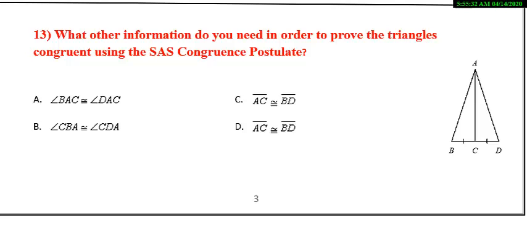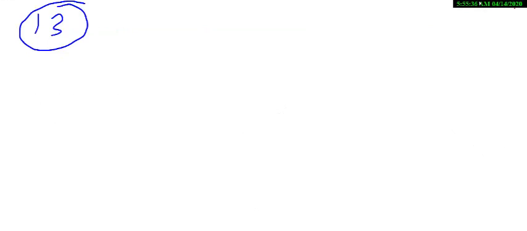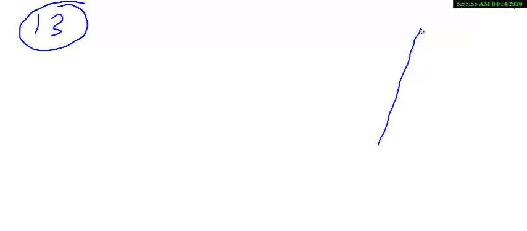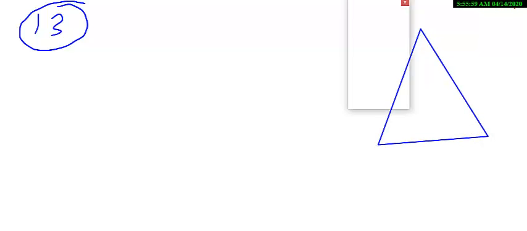I'm going to do some scratch work for you here. I'm going to write down triangle ABD, and the perpendicular will be in a different color.